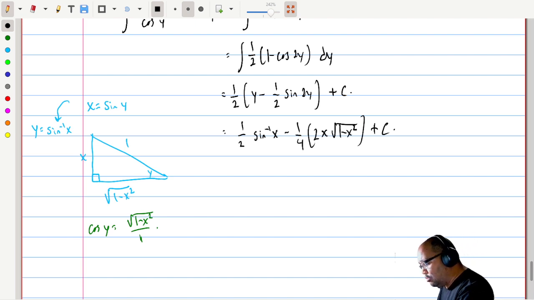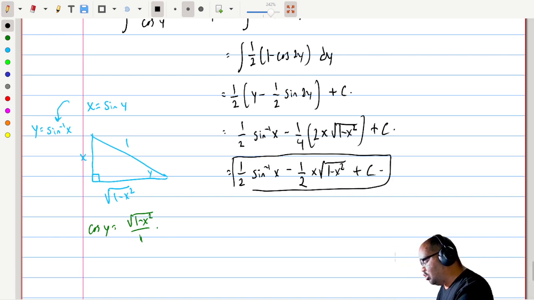Now once I clean up here, I get 1/2 arc sine x minus 1/2 x square root 1 minus x squared plus the constants, and we're done.